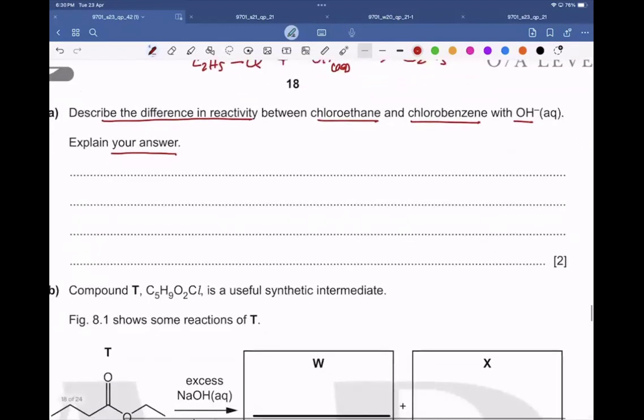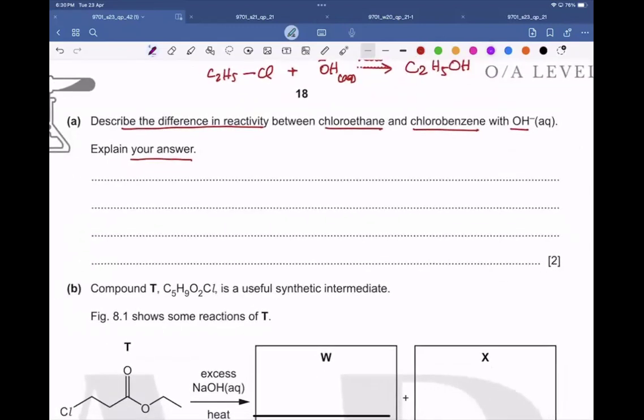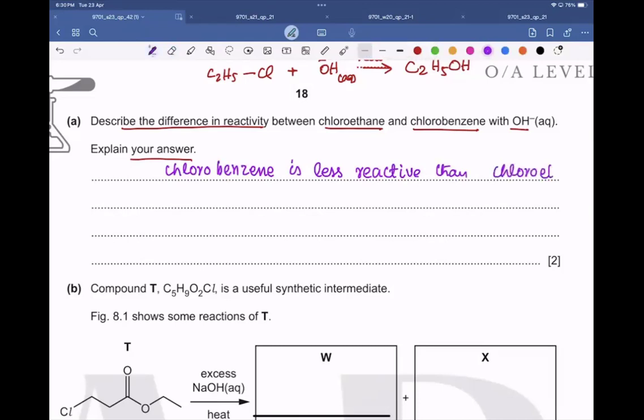Okay. So the first statement that we will write is: chlorobenzene is less reactive than chloroethane with hydroxide.